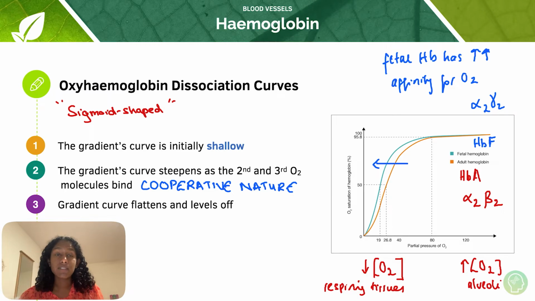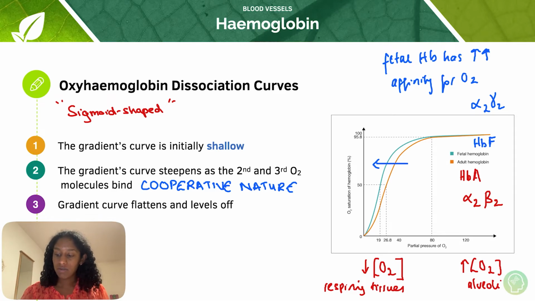So the mother's placenta receives blood from mum that's already passed through some of the body. So it's going to have a slightly lower partial pressure of oxygen than the blood in her alveoli. So the fetal haemoglobin in turn needs to have a higher affinity for oxygen to make sure that it binds that oxygen, even though there's a little bit less of it in there.